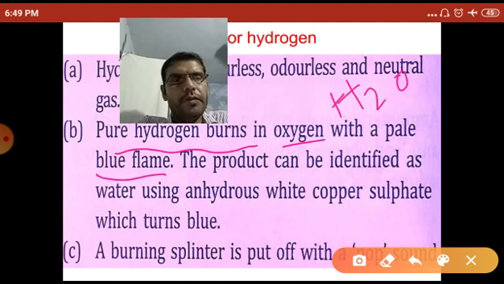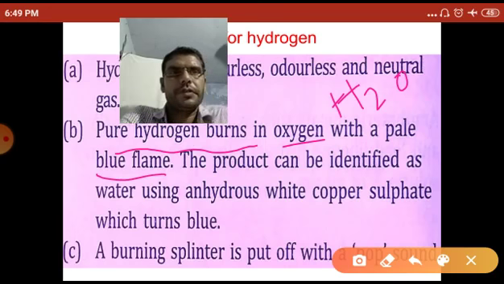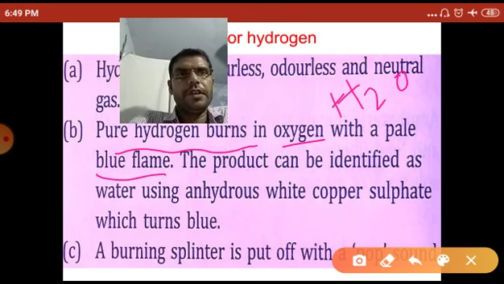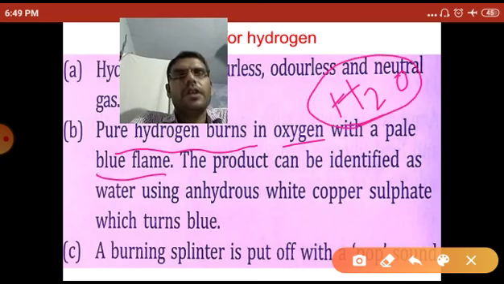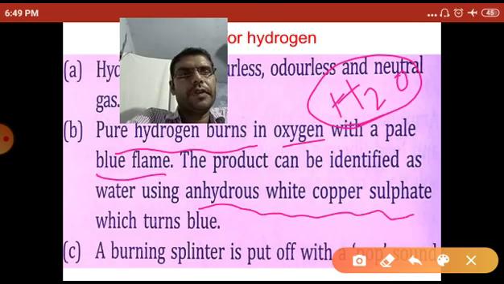When hydrogen combines with air containing oxygen, it produces water as a product, and that water can be identified using anhydrous white copper sulfate.